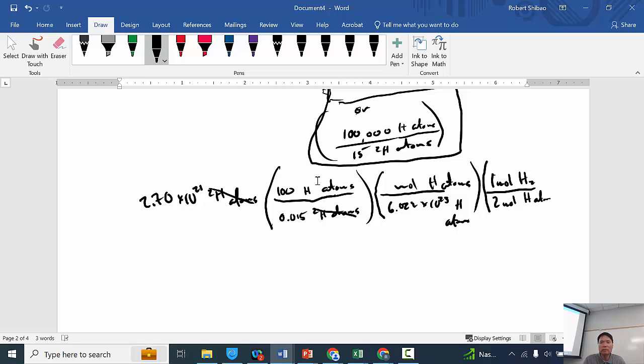Hydrogen gas. And so the moles of hydrogen atoms cancel, and that leaves us with moles of H2. And H2 is a gas normally under room temperature.